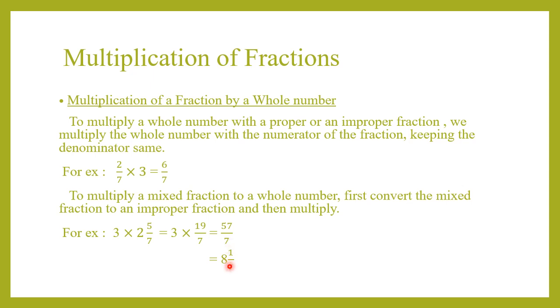Again you have to convert to mixed fraction. So by dividing, already you know, divide 57 by 7. 7 8s are 56.